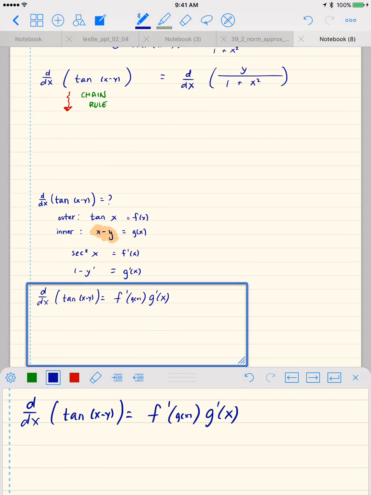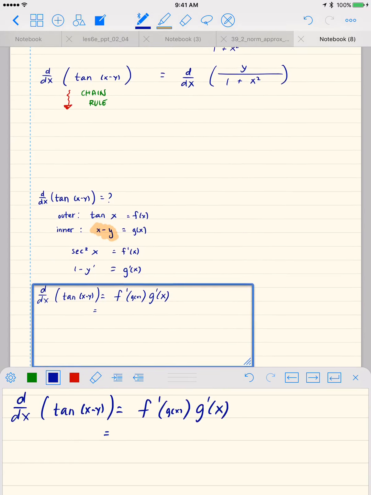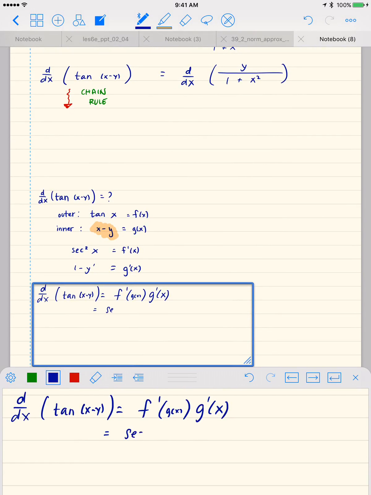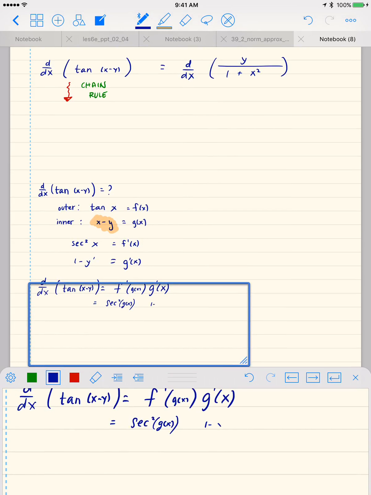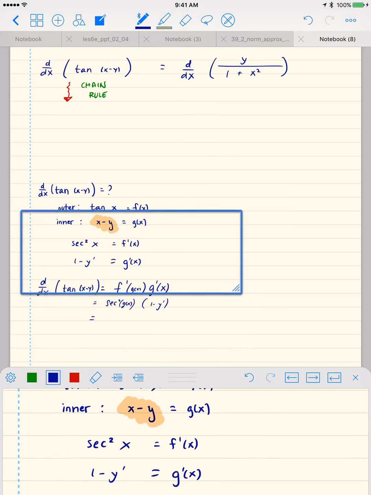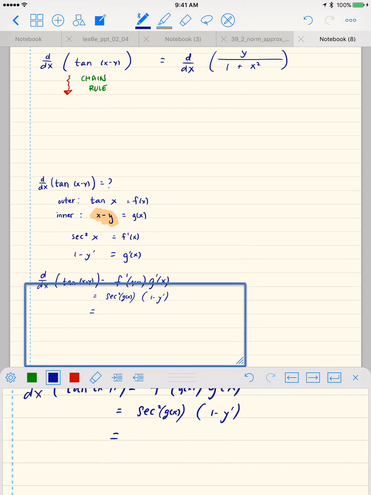My f prime is secant squared x, so I'll have secant squared g of x. And then my g prime is 1 minus y prime. Now what is g of x? G of x is x minus y. So I'll have secant squared of x minus y times 1 minus y prime.